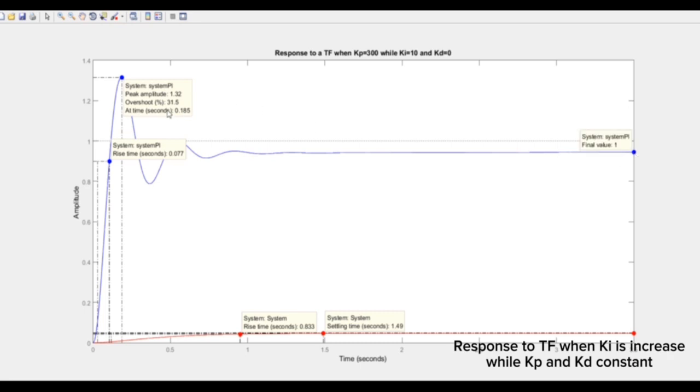Okay, so the peak amplitude is 1.32, the overshoot is 31.5, and the time is 0.185. The rise time is 0.077, the final value is 1. So this is the graph for response to TF with KP equals 300, while KI equals 10 and KD equals 0.